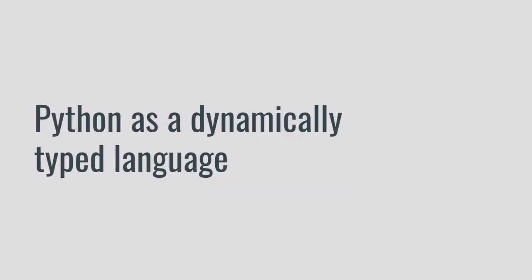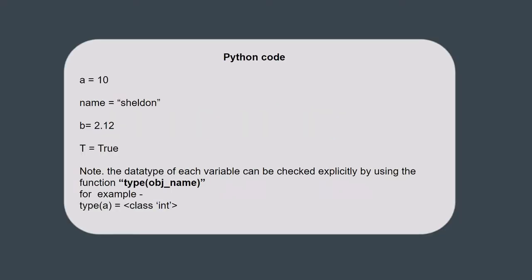Now, we'll discuss Python as a dynamically typed language. Here I have the following examples that will tell you about the dynamic typing of Python. Here in the first line, it is the first expression where you assign an integer value 10 to a variable a.